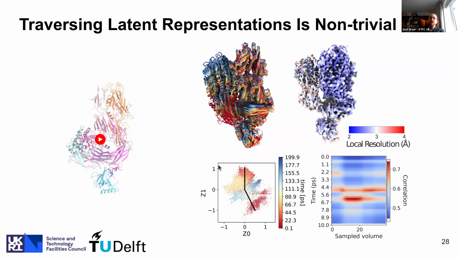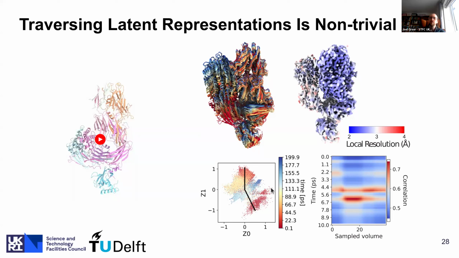But if we look at the 2D embedding of the latent space, so here we've trained 3D Flex rather than CryoDRGN, and we've trained it using a 2-dimensional latent space. If we look at the actual latent space embedding here, and we use our ground truth information to understand how the conformational heterogeneity is actually embedded, we see that there are potentially 3 maybe discrete clusters.